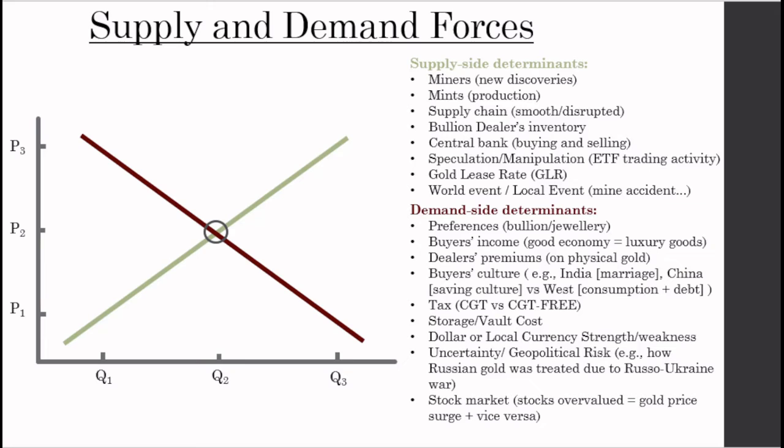So switching over to the demand side determinants, I got preferences. By preferences, I'm referring to the gold confiscation that happened in the US in 1933, Executive Order 6102.